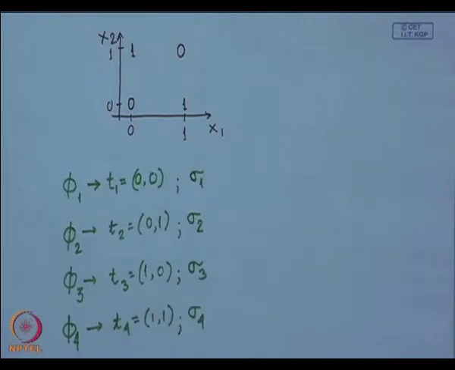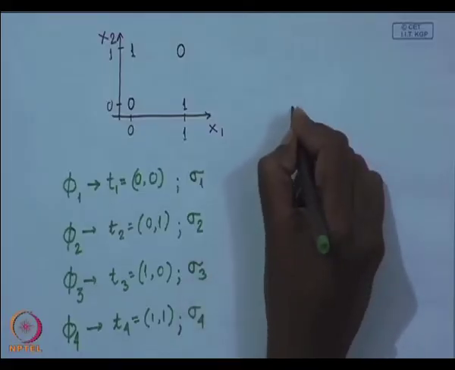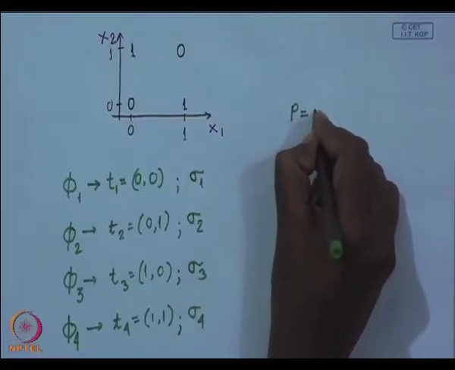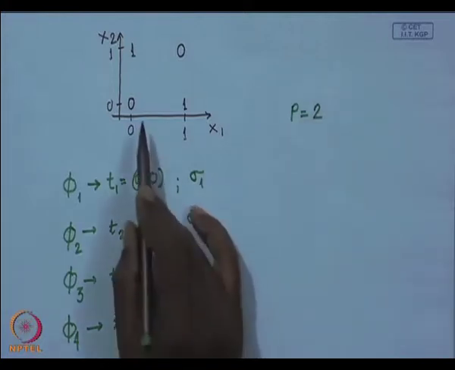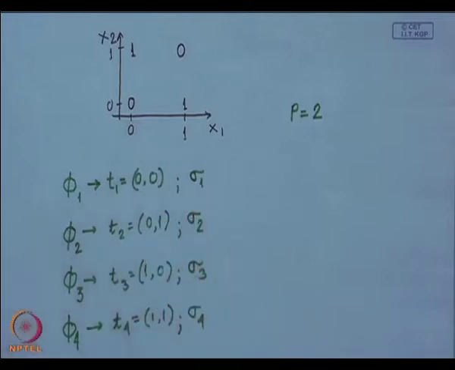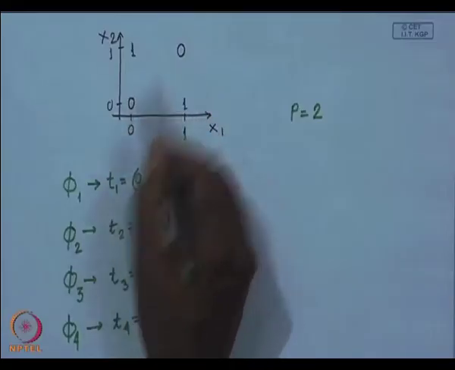For this, for every receptor, I have to find the p nearest receptors, and suppose I choose p equal to 2. Here you find that for every receptor, there are 3 neighbors. 2 of the neighbors are at a distance of 1, and one of the neighbors is at a distance of 1.4, that is square root of 2. That is easily verifiable from here.